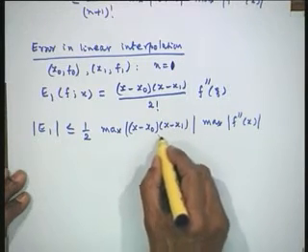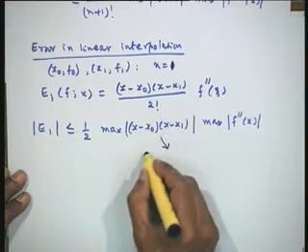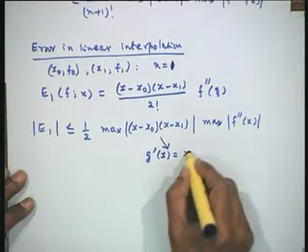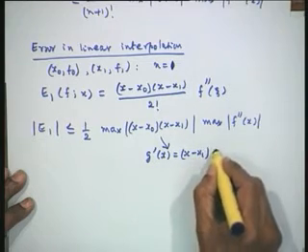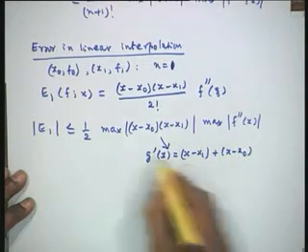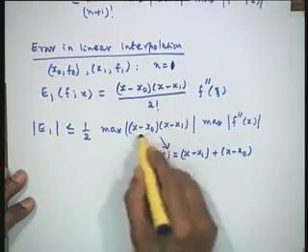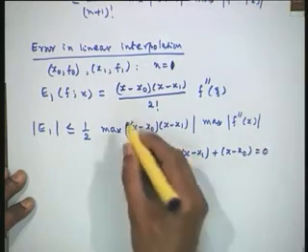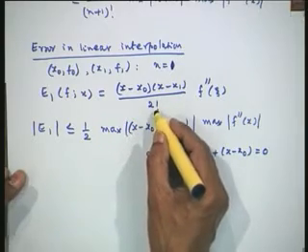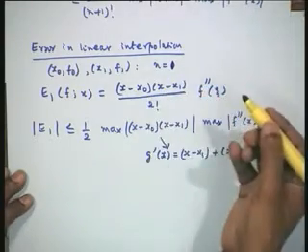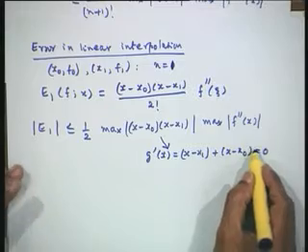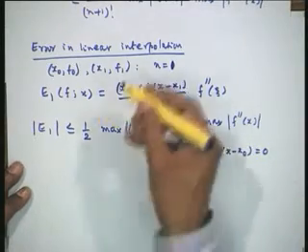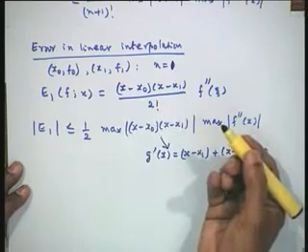If I put this as gx, I can find out its derivative. Derivative of this is equal to x minus x naught plus x minus x 0. Just differentiate it as a product, x minus x 1 into 1, x minus x naught, set this equal to 0. It is ordinary maxima minima, a function of single variable. So, differentiate, set the first derivative equal to 0, find the critical points, and at all those points find out what is the maximum. The maximum value of all those we will take as the required maximum.